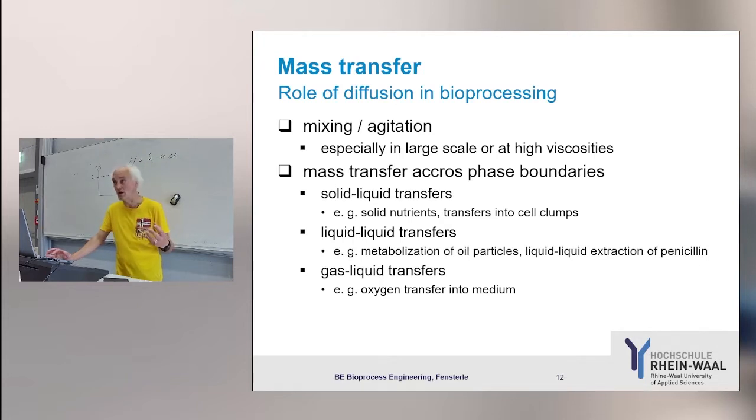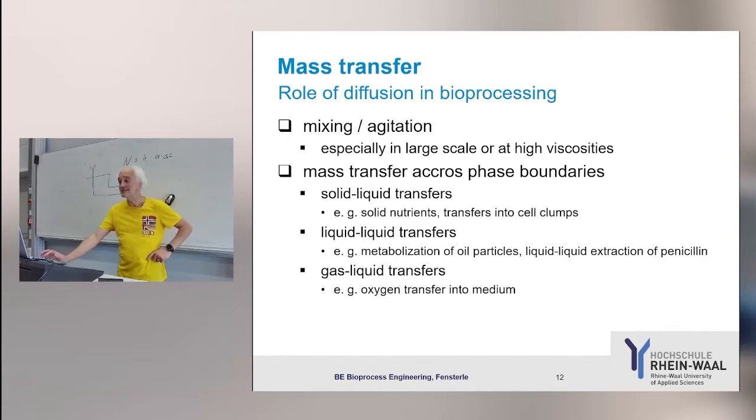This oil is of course not completely dissolved, and then you have phase borders. Or also if you do liquid-liquid extractions of penicillin, then this is relevant in bioprocessing. In general, you don't have that in the bioreactor. It is rare that you drive a bioreactor where you have this phase difference.